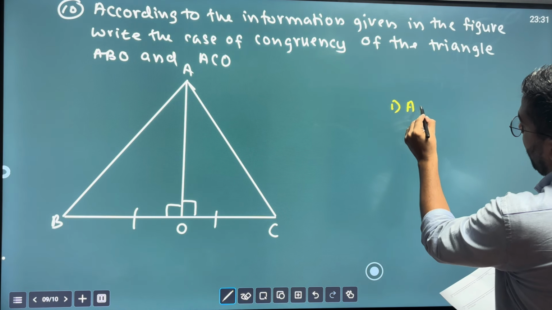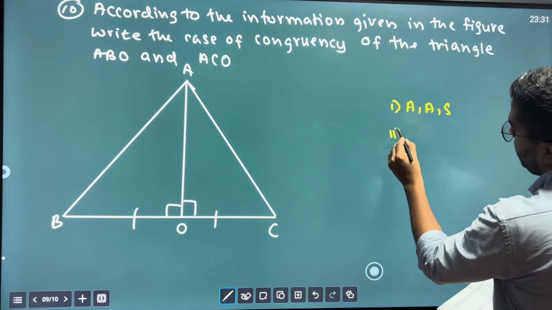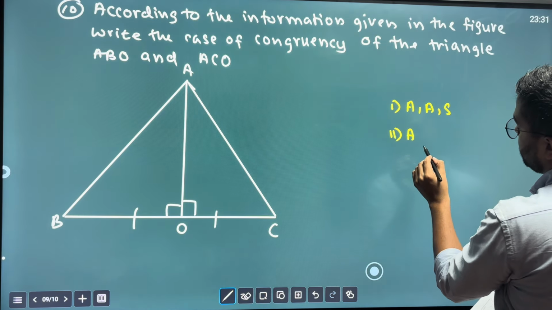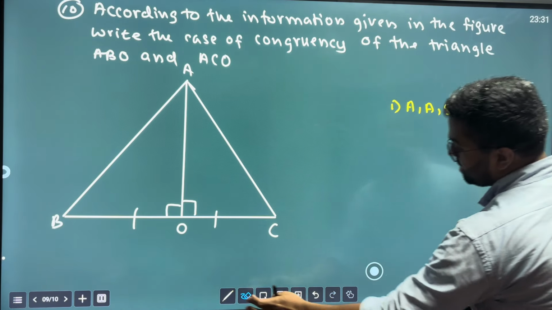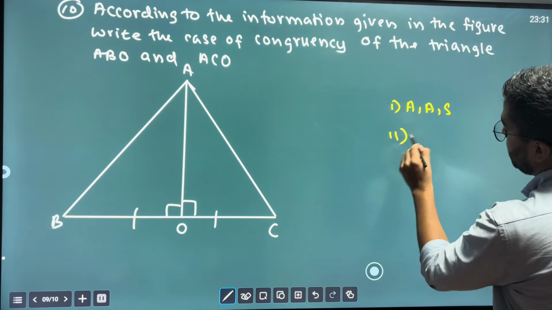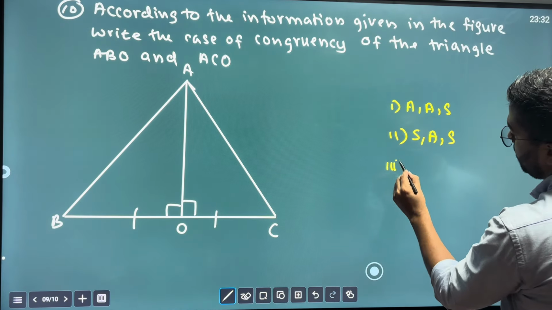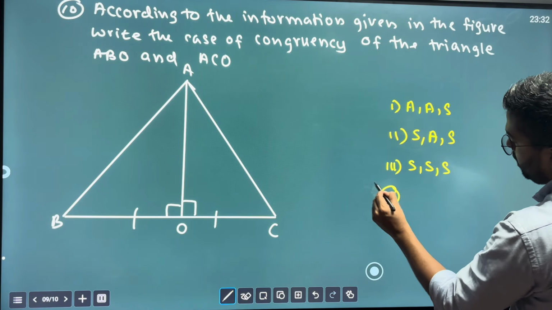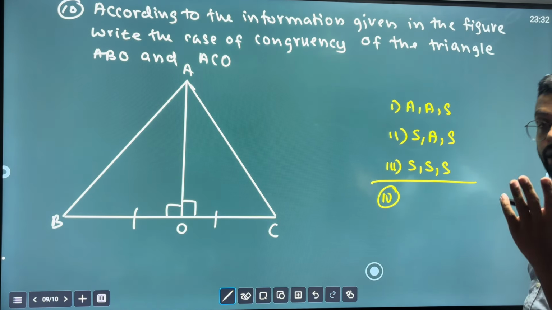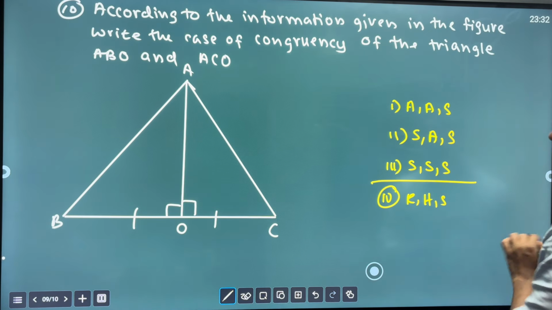We have angle, angle, side. Second one, side, angle, side. Third one, side, side, side. Fourth one is only applicable for right angle triangles: right angle, hypotenuse, side.